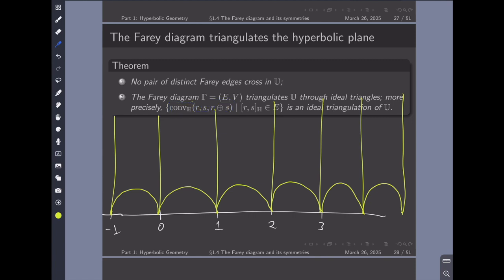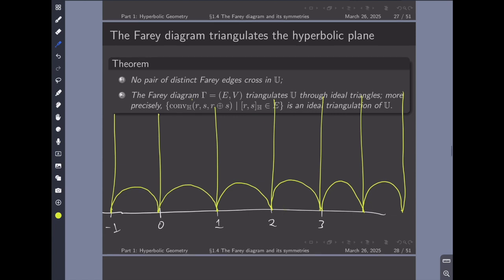The hard part is that if you take the union of all the Farey edges and take its complement in U, so you delete them from U, what you obtain is a certain open subset of U. And by this statement, what I mean is that every connected component of that complement is an ideal triangle, with the boundary deleted because I took the complement.